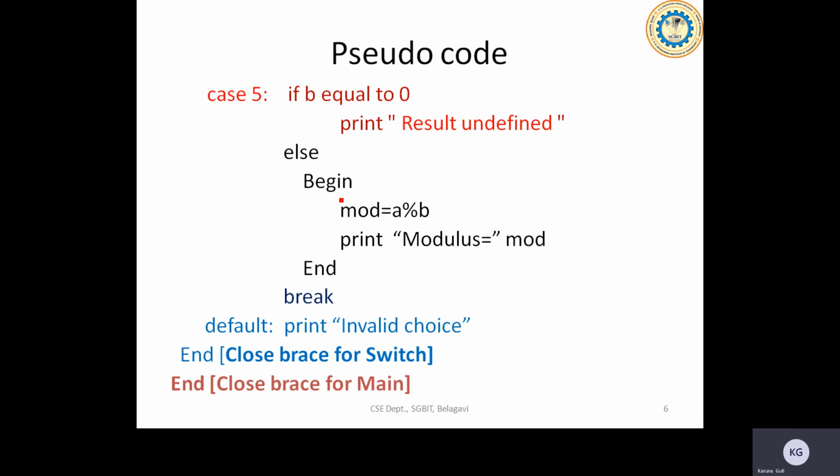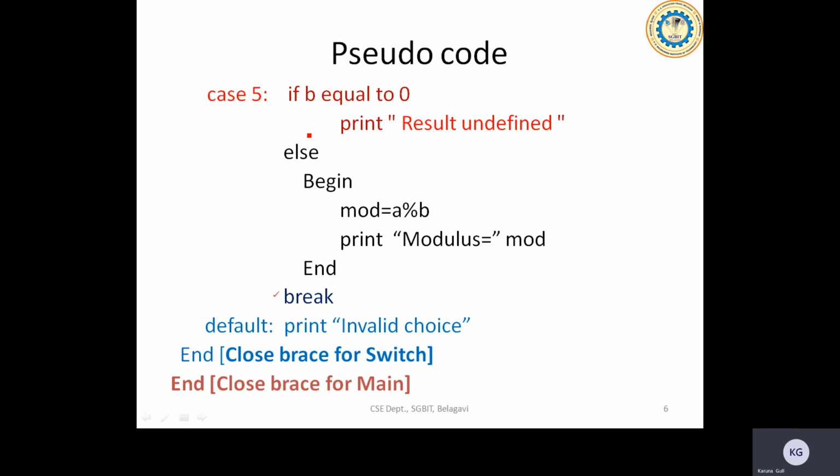Else, we go ahead with the modulus operator. This mod operator always gives us the remainder of the division operation. After getting the modulus or the remainder, that will be displayed on the screen. The same is true with the break statement. If this condition is true, after printing this message, it breaks the fifth case.